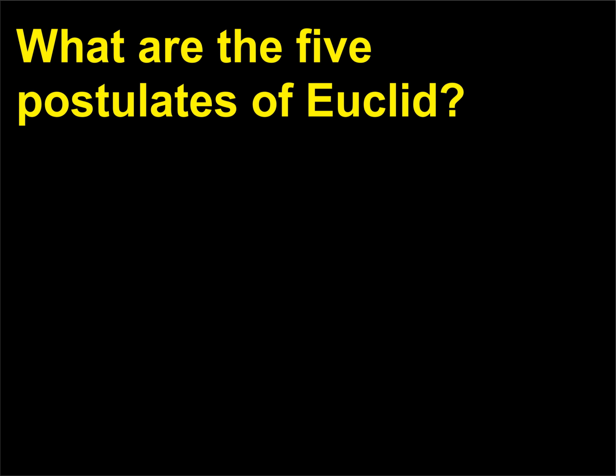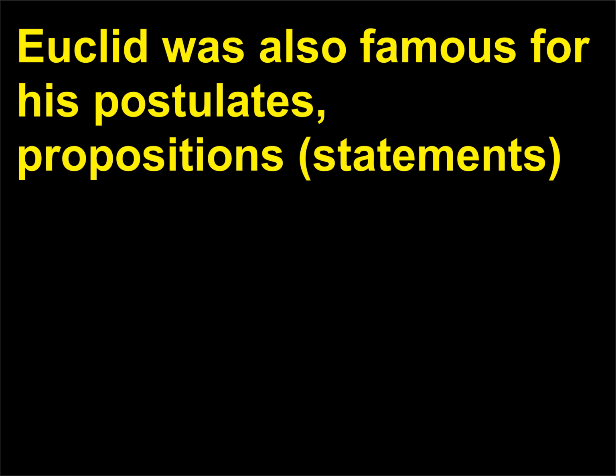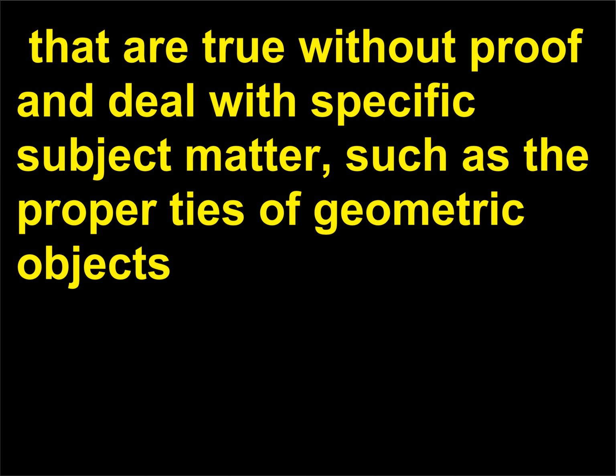What are the 5 postulates of Euclid? Euclid was also famous for his postulates, propositions, statements that are true without proof and deal with specific subject matter, such as the properties of geometric objects.